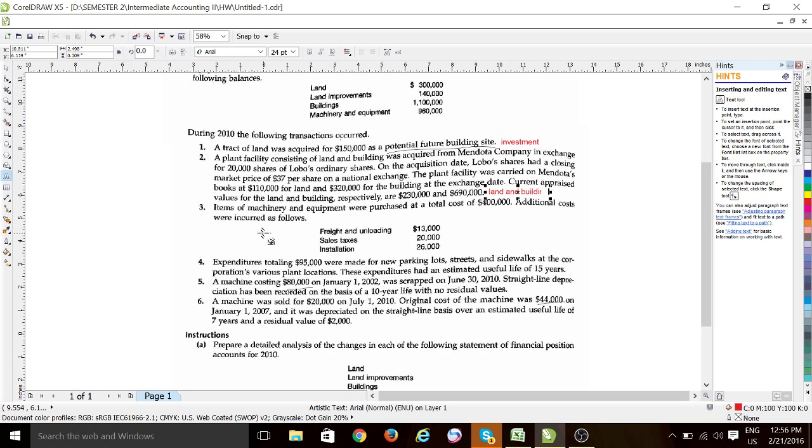The third transaction is where Lobos Corporation purchased machinery and equipment at a total cost of $400,000 and with additional costs. So this will affect the machinery and equipment account.